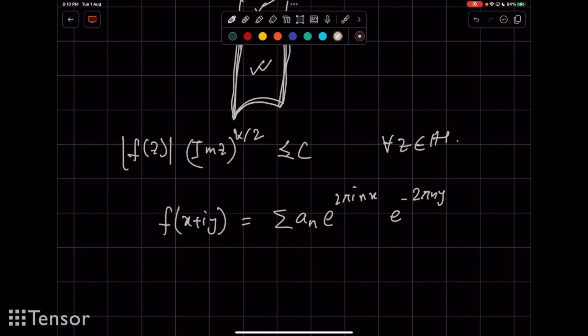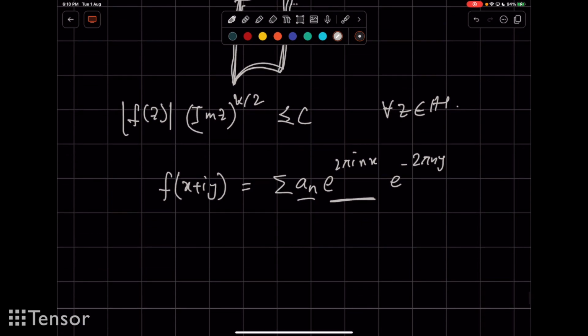So from this, how can we extract the term an? I think we have done it in one of the previous lectures, using ideas from the Dirac delta function, like multiplying by this and then integrating.